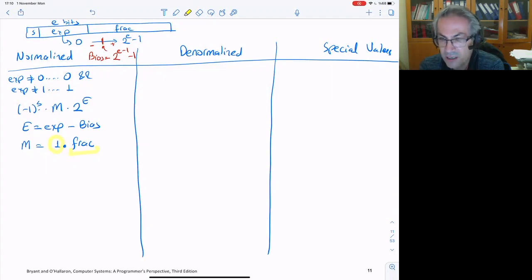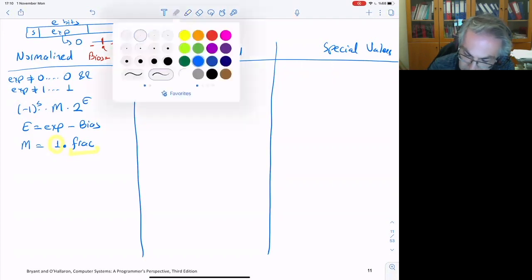But in binary, it can only be 1. It cannot be 2 and it cannot be 0. So let's just assume this is implicit. Once we assume it's implicit, you gain 1 extra bit, which doubles the range that you can represent. So it makes sense to have this 1 dot frac assumption. And with this, let me write this in here.